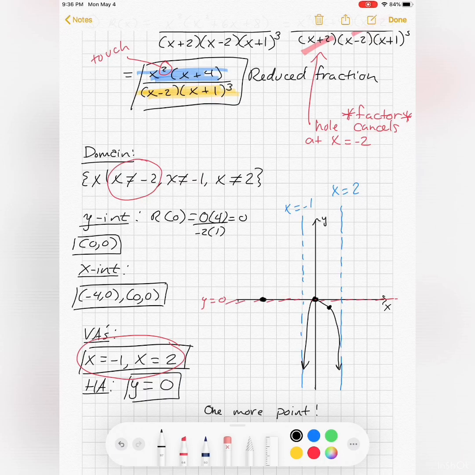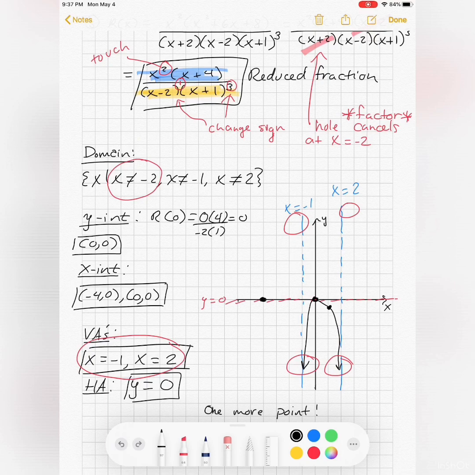Well, let's look at what happens as I cross those vertical asymptotes. Well, both of those powers are odd. So again, that means I'm going to change sign. So see how I'm below here? I'd have to be above here. I'm below here, I have to be above here. Opposite sign. So I have to connect that.